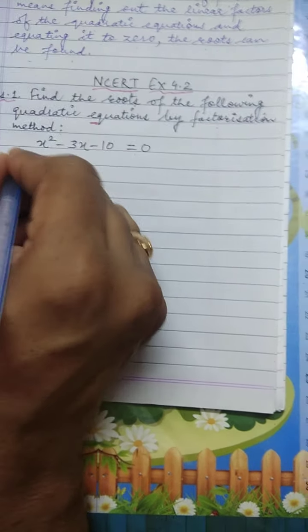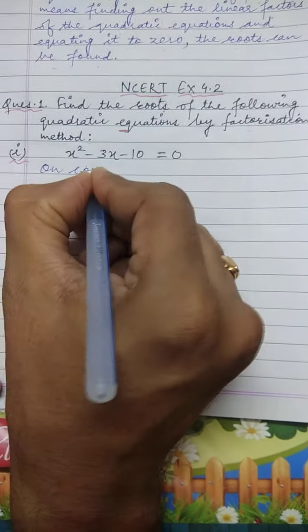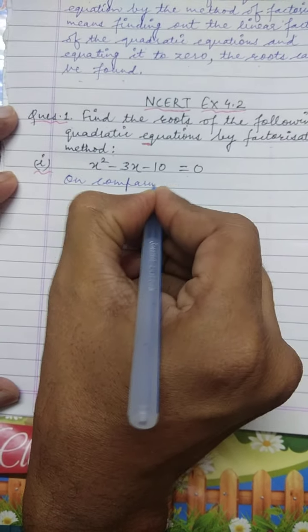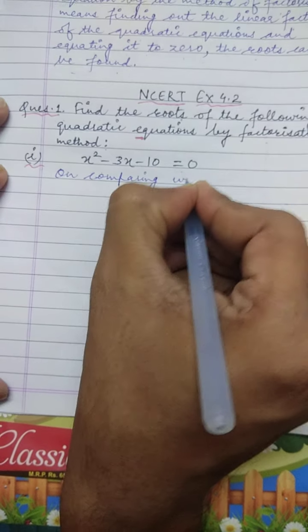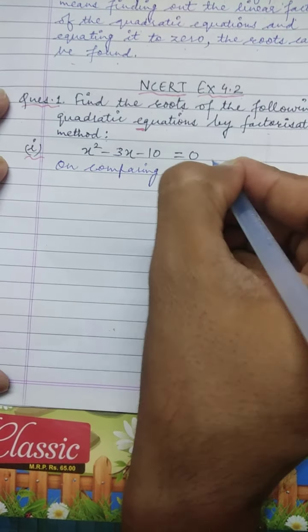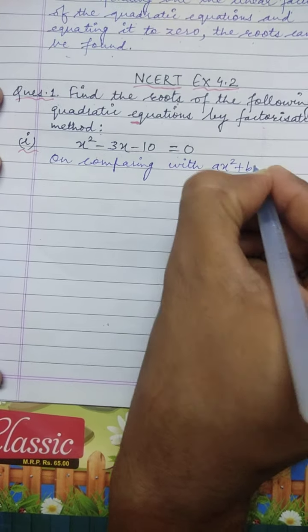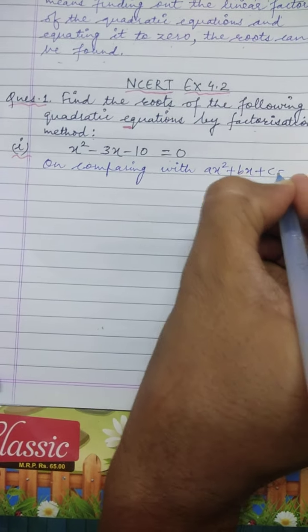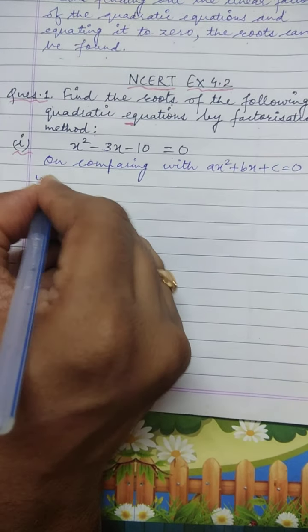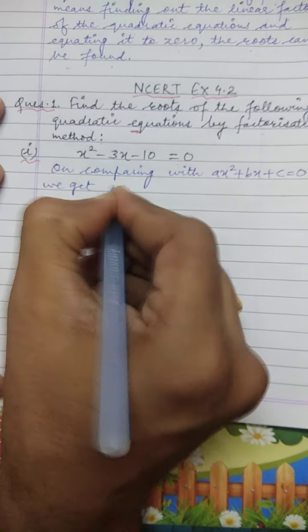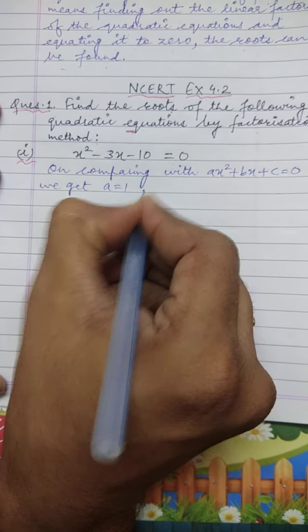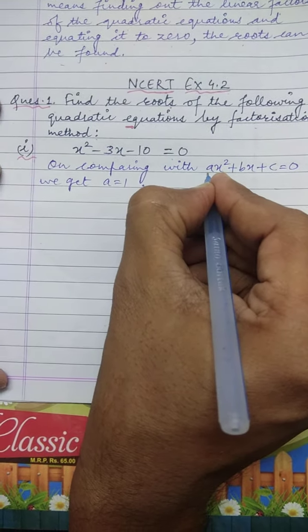So on comparing with the general form of the quadratic polynomial, that is ax square plus bx plus c is equal to 0, we get a is equal to 1. A is the coefficient of x square.